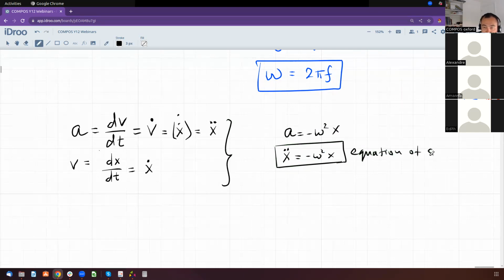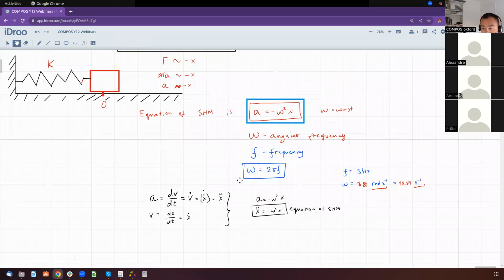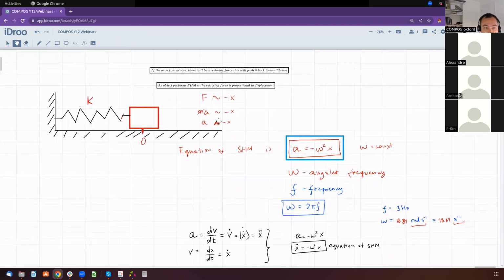Why? Well, because of the definition. The definition of simple harmonic motion is that the restoring force is proportional to the displacement.